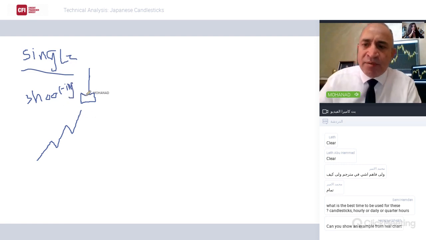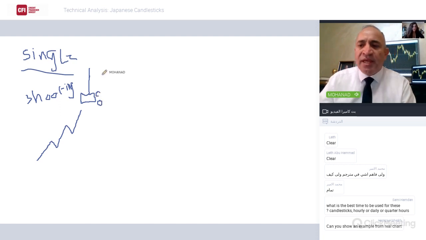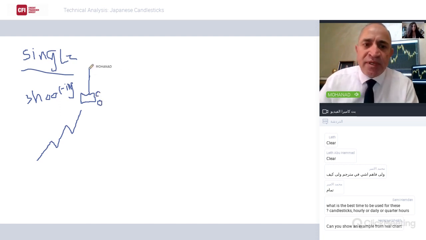What does the shooting star mean? As we see in the chart, the length of the tail must be twice the length between the open and the close, minimum. The tail must be minimum twice the distance between the open and the close price.